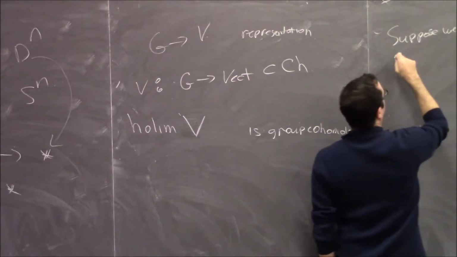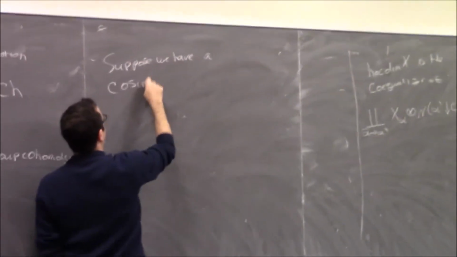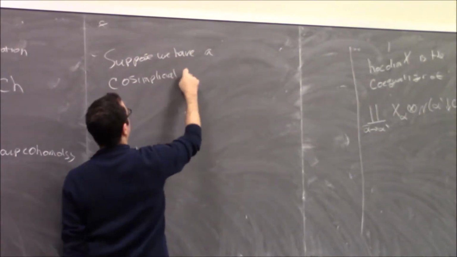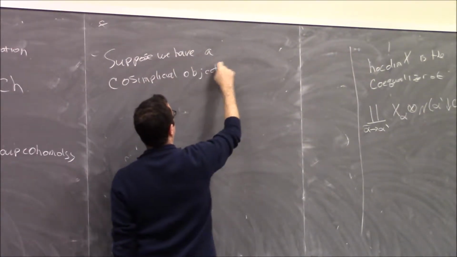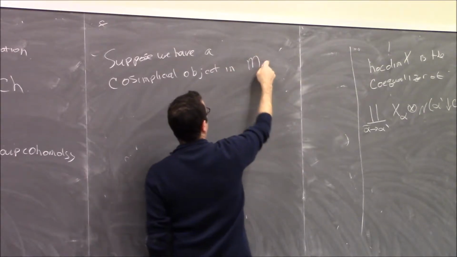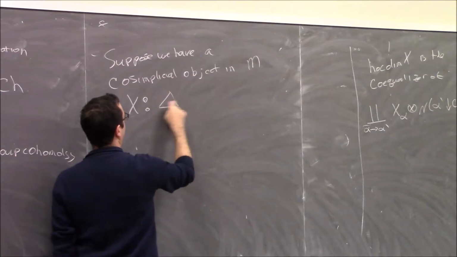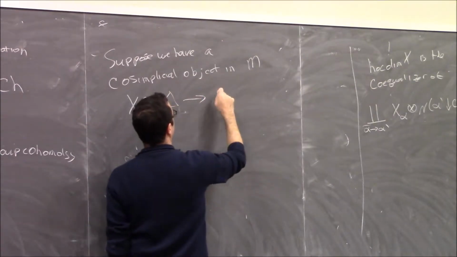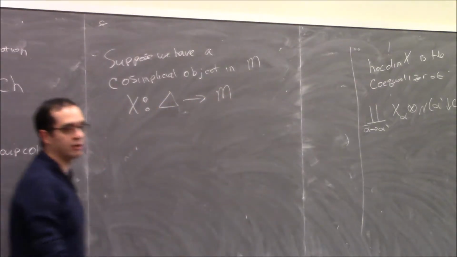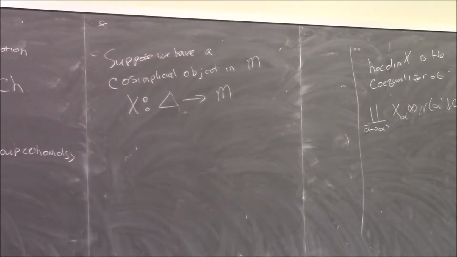Suppose we have a cosimplicial object in our simplicial model category, so we're going from delta to N.